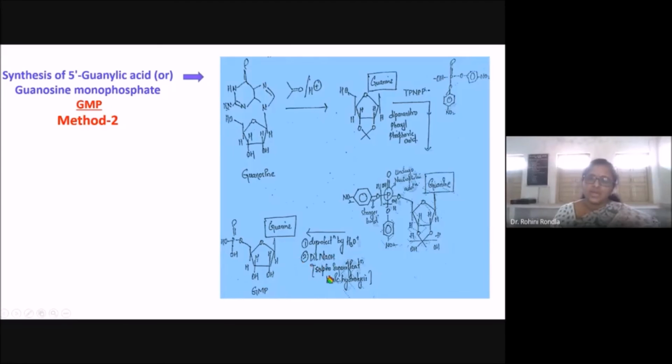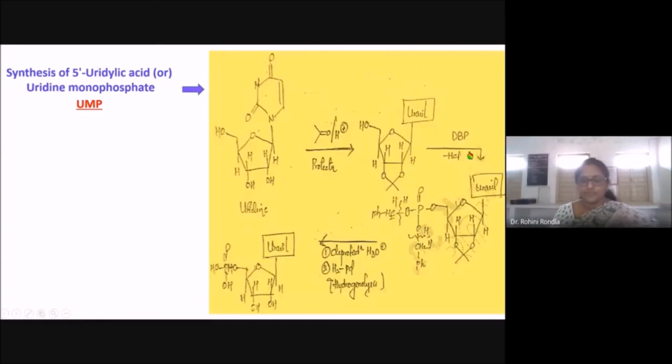They have added dilute sodium hydroxide. So it undergoes hydrolysis and converts into paranitrophenol లాగా వెళ్ళిపోయింది, and this remains as phosphate group. So just we have changed only phosphorylating agent. This is method 2.